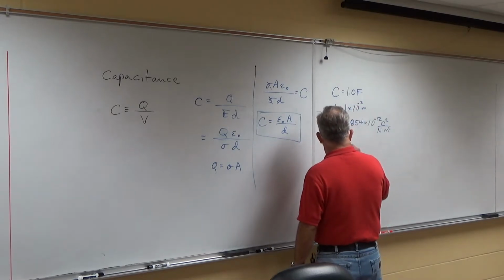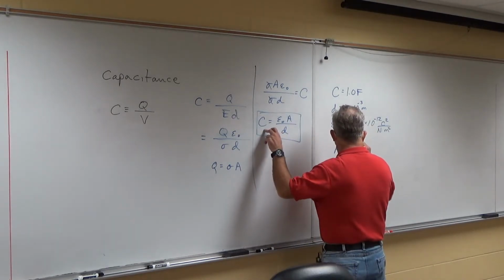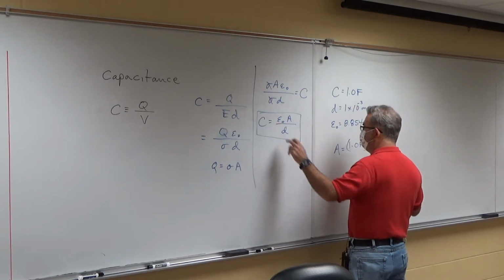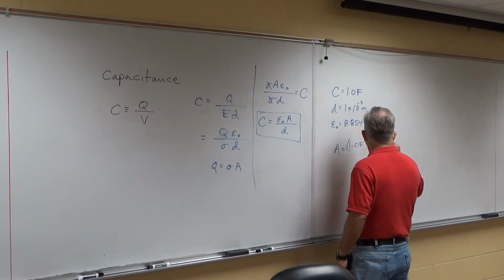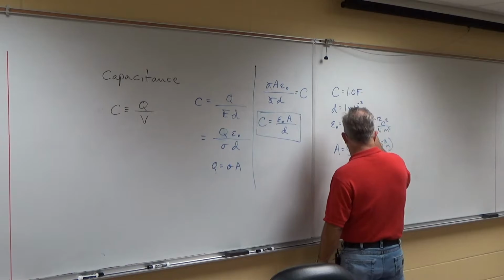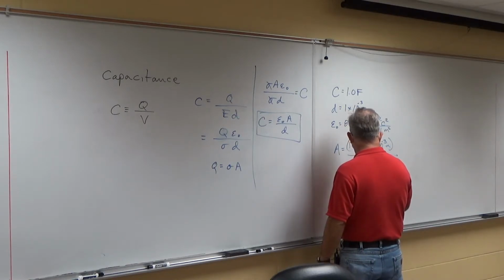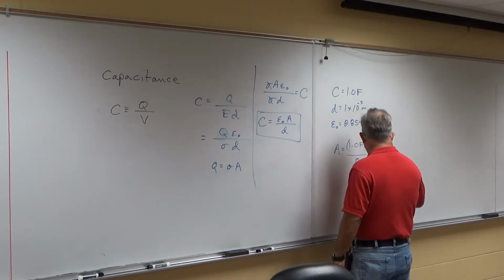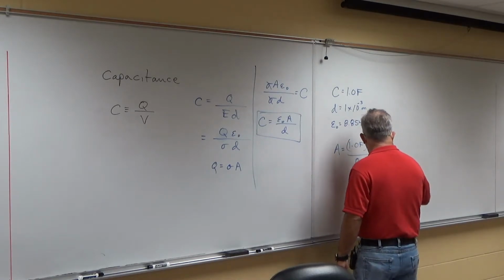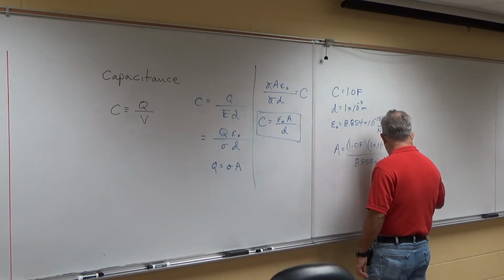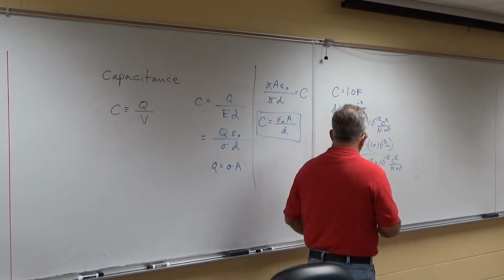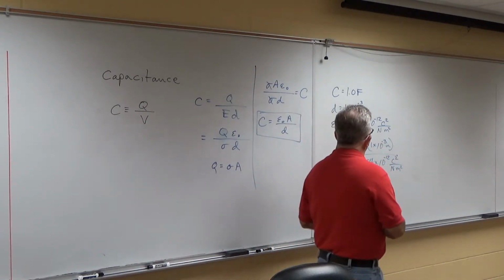The area is equal to the capacitance, 1.0 farad, times the separation distance, which is 1 times 10 to the negative 3 meters, divided by epsilon naught, 8.85 times 10 to the negative 12 coulomb squared per Newton meter squared. Can somebody please calculate this?